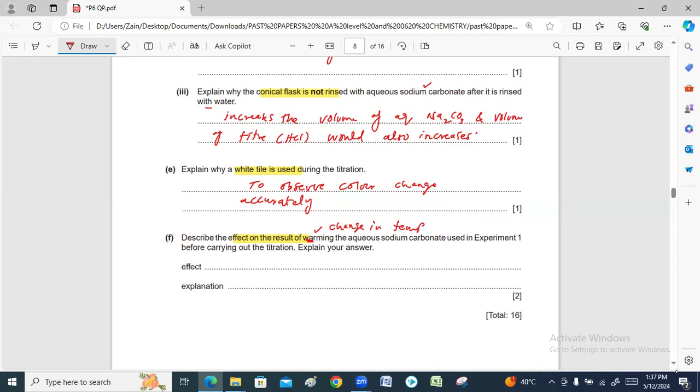There's no change in the volumes, there is no change in the concentration. So the results are the volumes we are getting to neutralize the 25 centimeter cube of aqueous solution of sodium carbonate. Although the rate of the reaction increases, the results would remain the same.